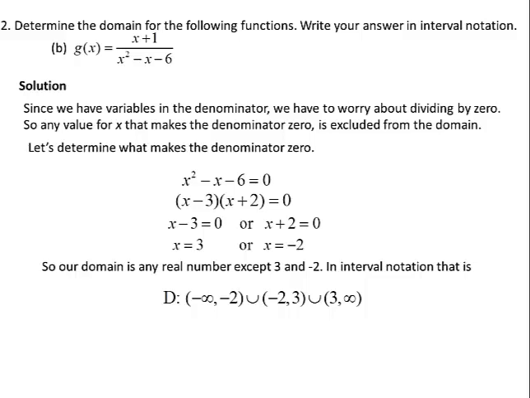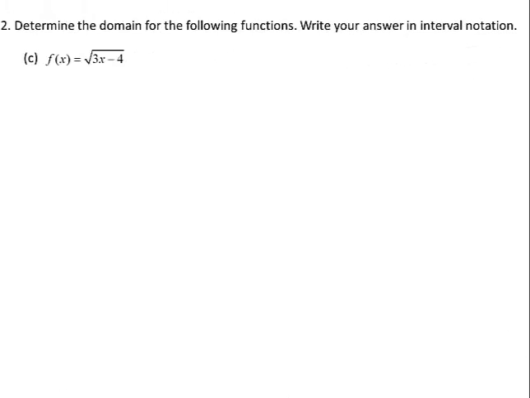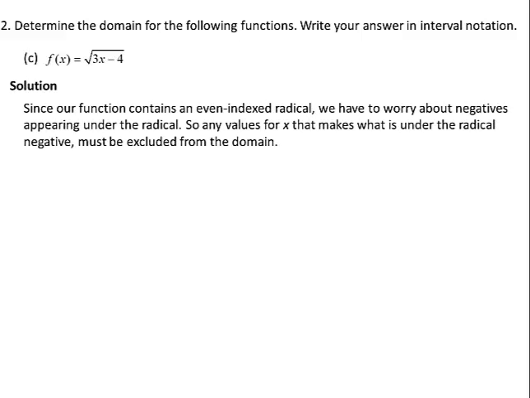So the next one, I thought we'd look at 2C. Determine the domain of the function f of x equals square root of 3x minus 4. Again, domain, we're trying to find values for x so that nothing bad happens. Well, here we have an even-indexed radical, square root.